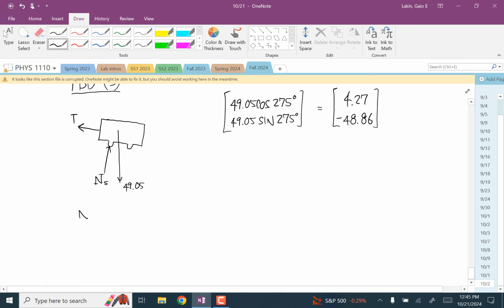And now Newton's second law, put in the weight force. This tension force is in the negative x direction. So I'll put this in as negative T, 0.